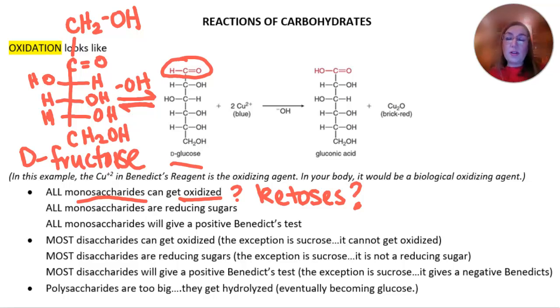So the ketone is able to isomerize through that ring form, but we won't get into it at this point. It's basically able to convert from this ketone to its aldehyde form, and then it's the aldehyde form that gets oxidized. So the ketoses convert to aldoses.